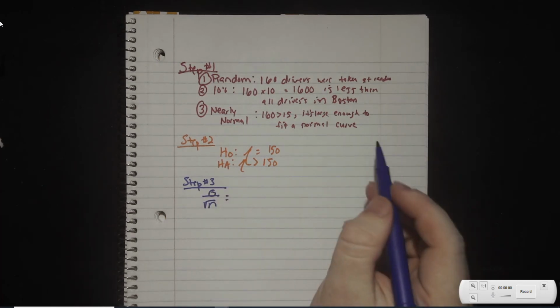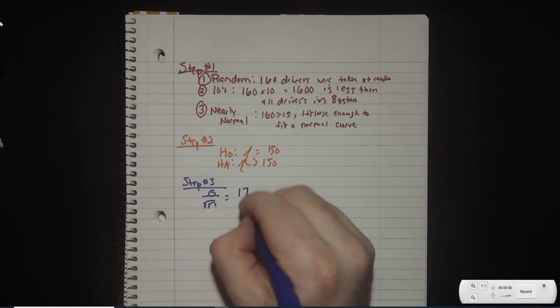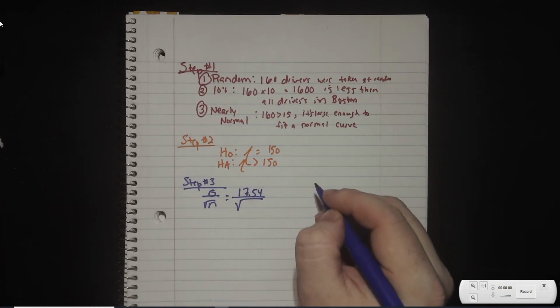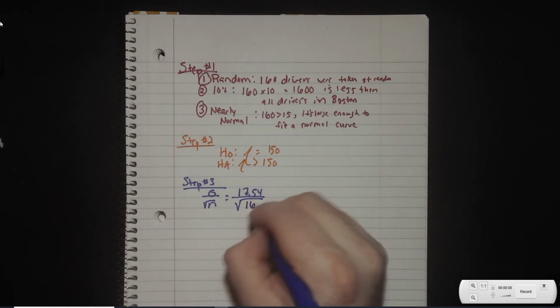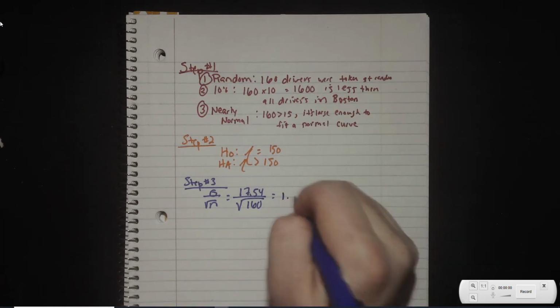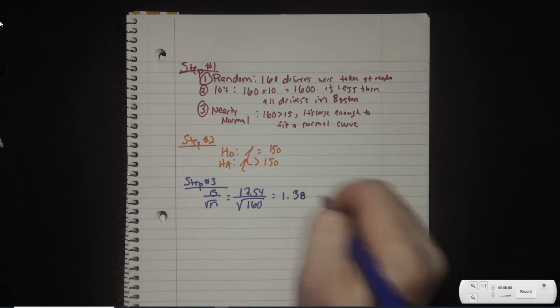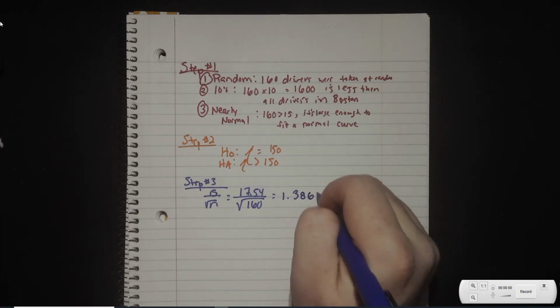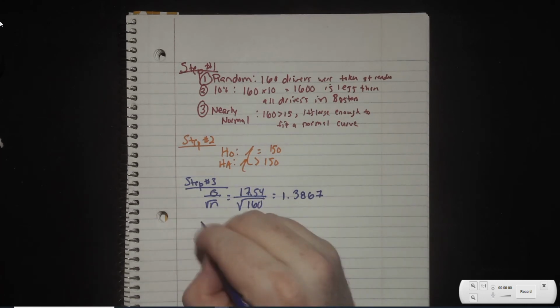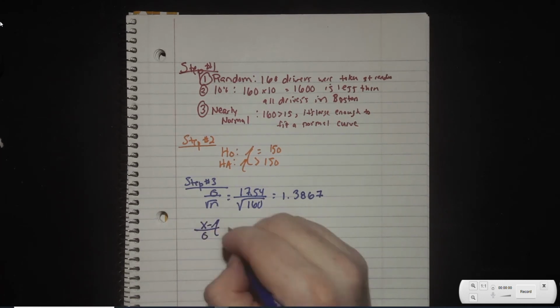My standard deviation from the situation was 17.54 divided by the square root of 160, since there were 160 instances. So that gives me 1.3867.